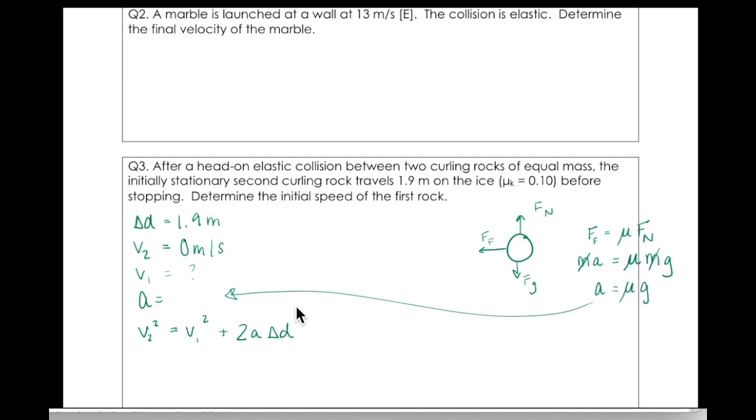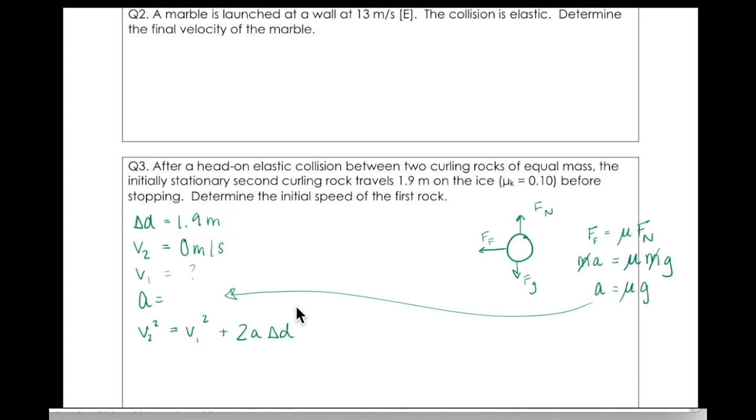It says after a head-on elastic collision between two curling rocks of equal mass, the initially stationary second curling rock travels 1.9 meters on the ice before stopping. It gives us a coefficient of friction. Determine the initial speed of the first rock. I started out by just writing in what variables we knew.